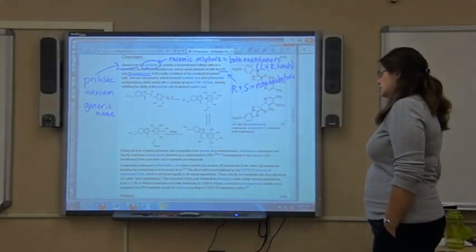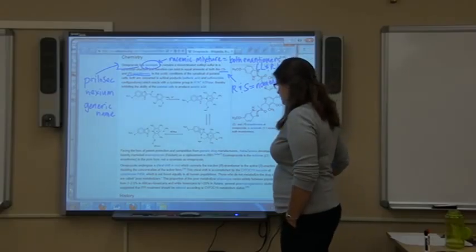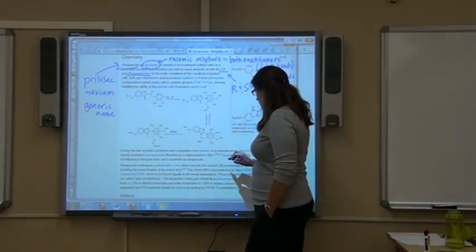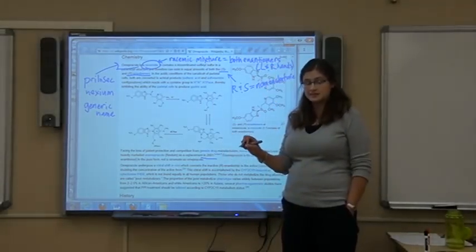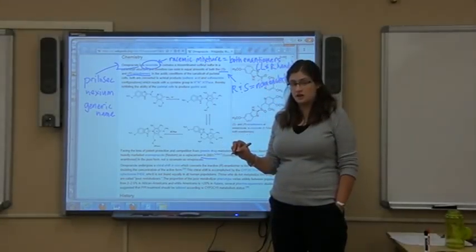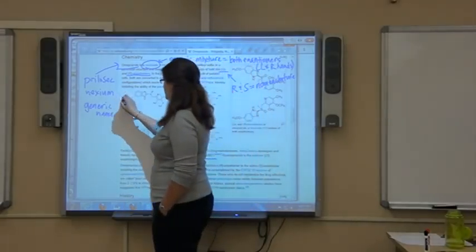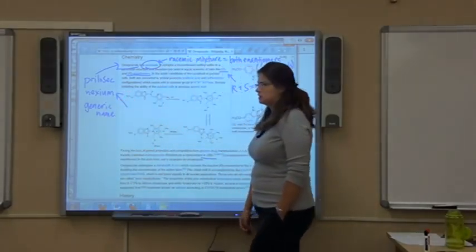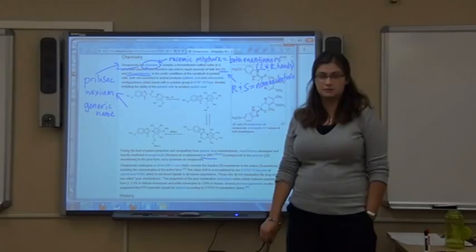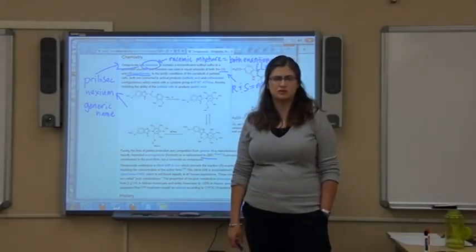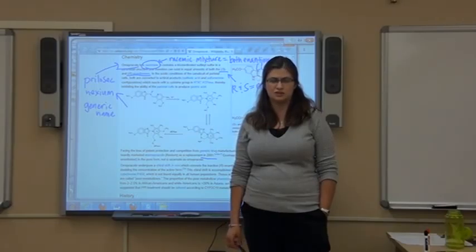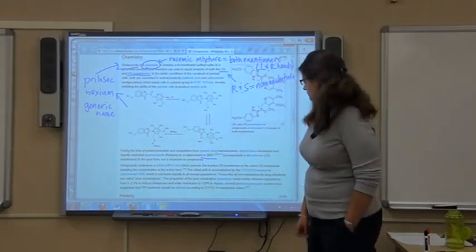In the case of Prilosec and Nexium, what happened was, in 2001, the patent for Nexium was going to run out. Nexium is the brand name of the original proton pump inhibitor that was marketed. You probably remember TV commercials in the late 90s and early 2000s for Nexium.